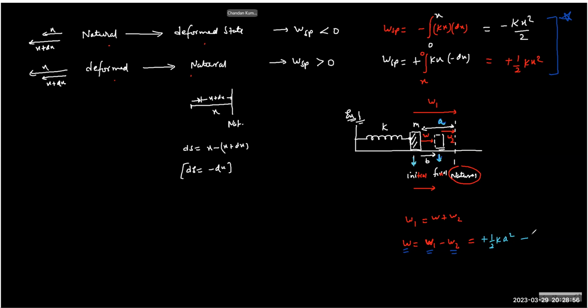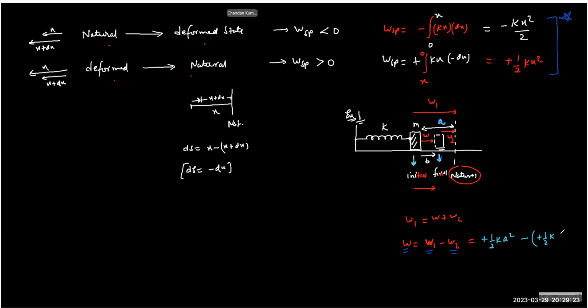For W2, what do you think? Positive work or negative work? Positive. Plus, the formula is half K, and how much do you need to walk to reach there? What is X?